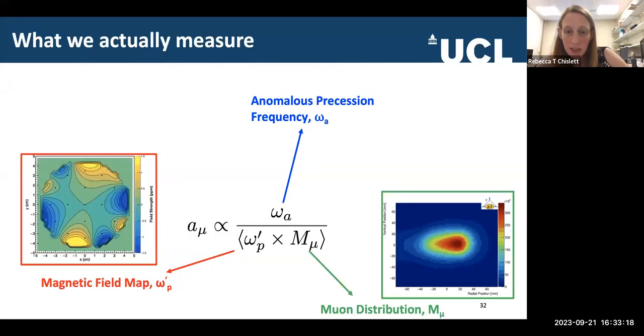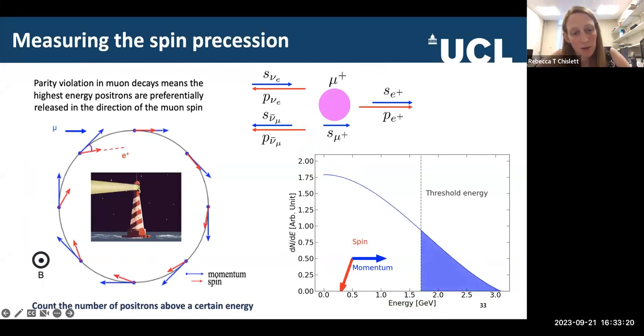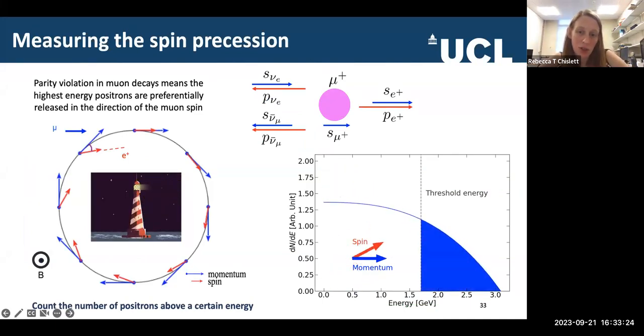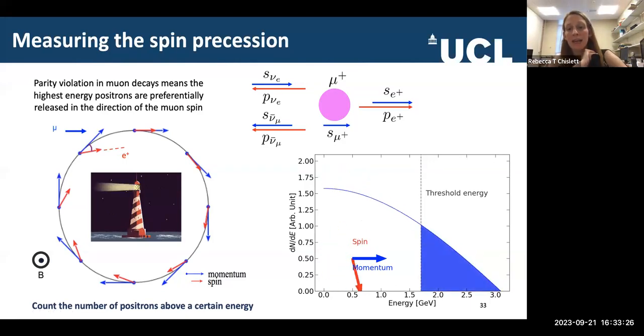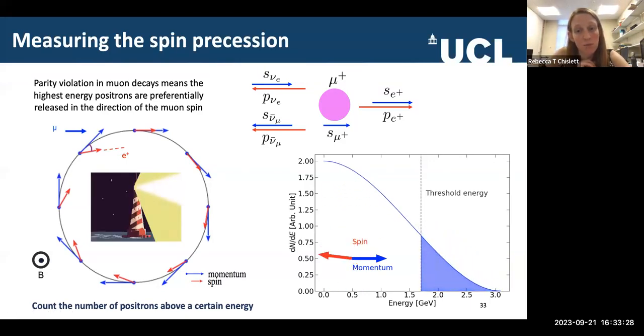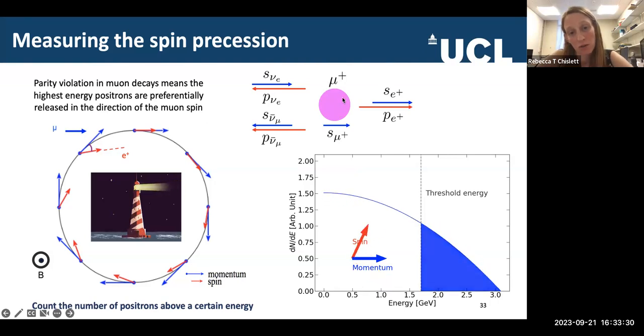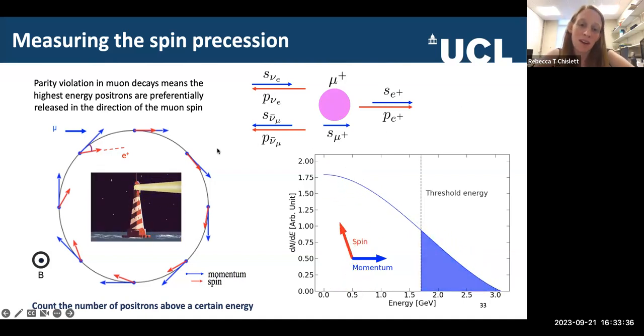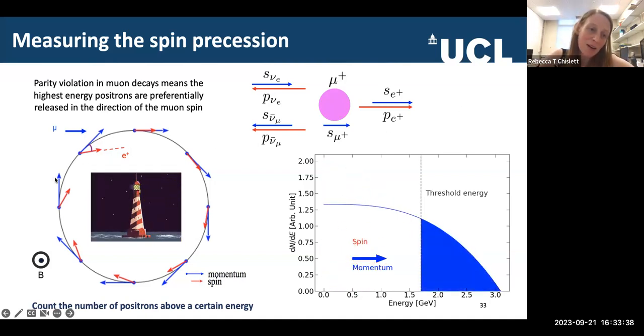So to measure the precession frequency, we basically use the fact that the positrons preferentially decay, well, the highest energy positrons preferentially decay in the direction of the muon spin, again, through the convenience of how the standard model works.